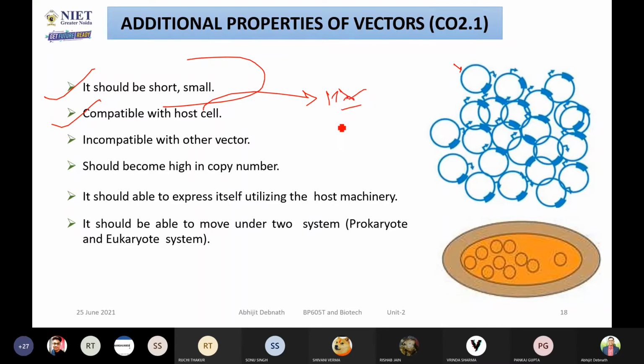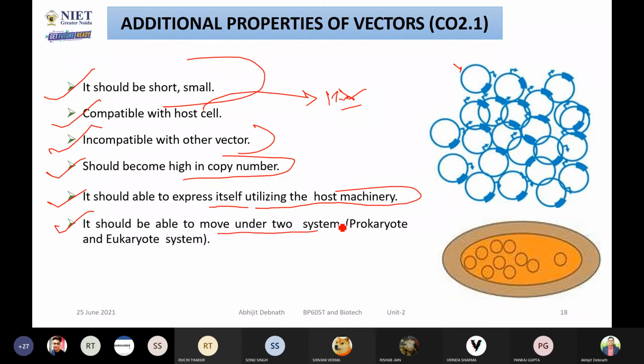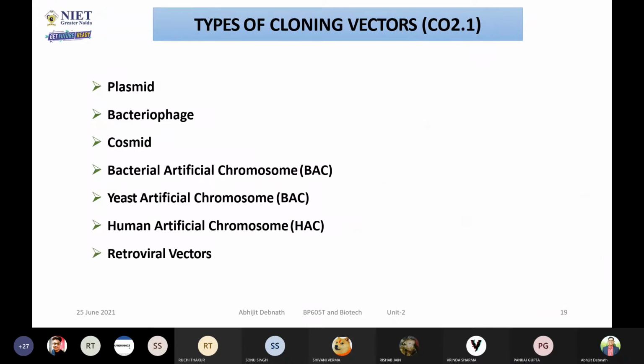It should not be engulfed or destroyed, so it should be compatible. And if you are using multiple cloning, it should be high in copy number, it should be able to express itself utilizing the host machinery, and it should be able to move between two systems, like prokaryote and eukaryote systems. Okay, so these are some additional properties.